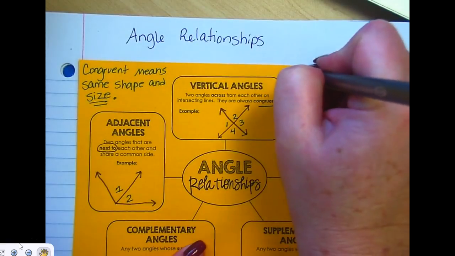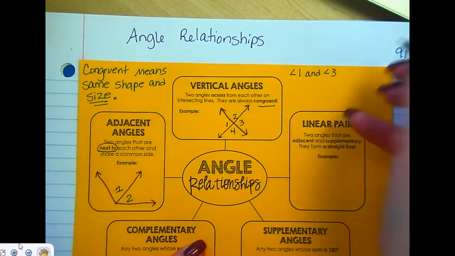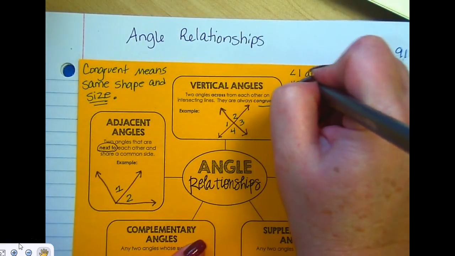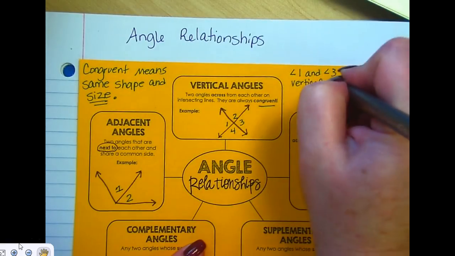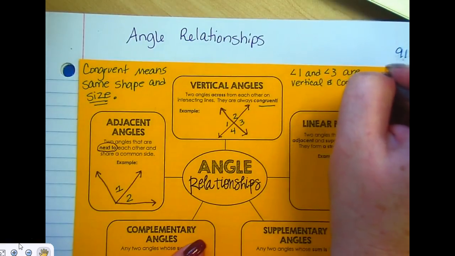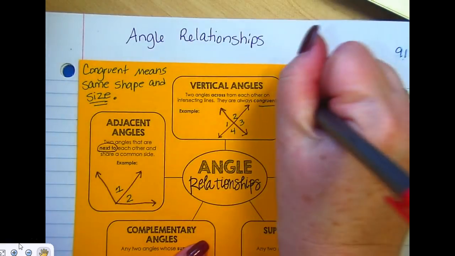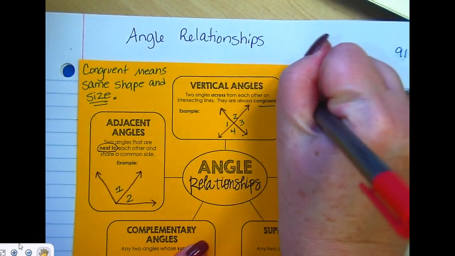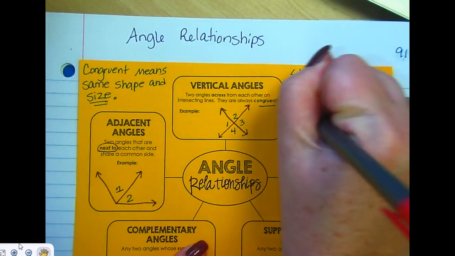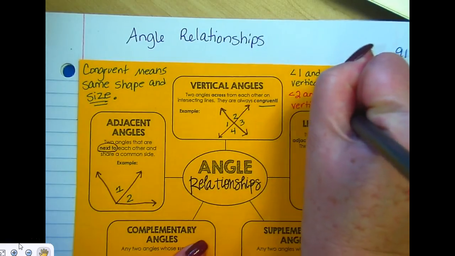Angle 1 and angle 3 are vertical and congruent. Angle 2 and angle 4 are vertical and congruent.